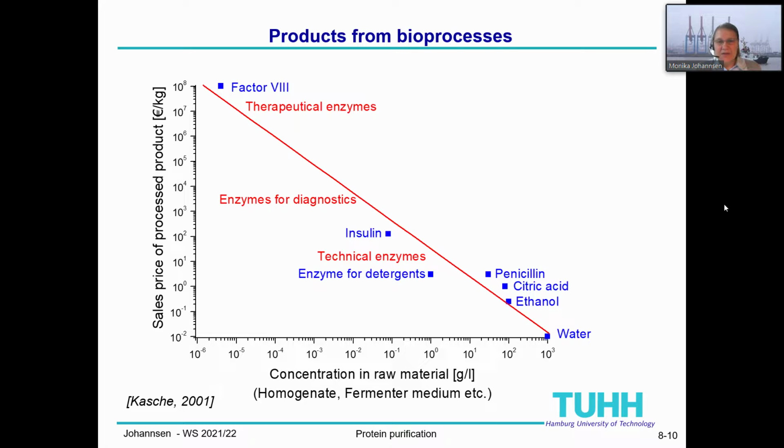Okay, so what are usually the raw material for purification of proteins? So usually it's a fermentation broth, which contains a lot of water, and it also contains the proteins of interest, and usually the concentration of the raw material in the fermentation process is quite low.